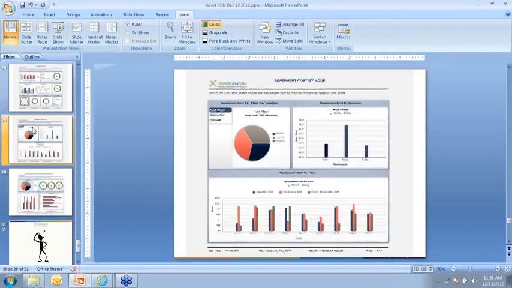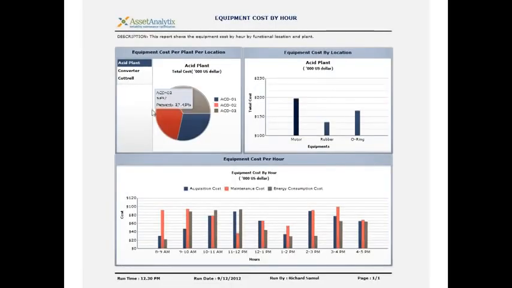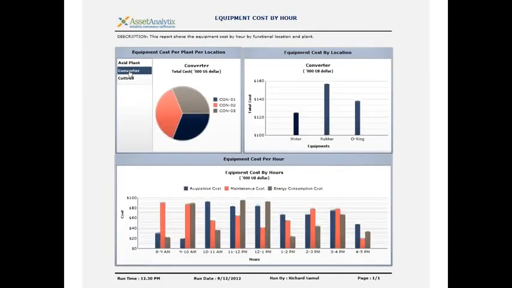There are some other examples where you can look at different KPIs, and these are some of the tools that are available. Here somebody is monitoring the cost, and they can go and see the different elements that go into the cost.